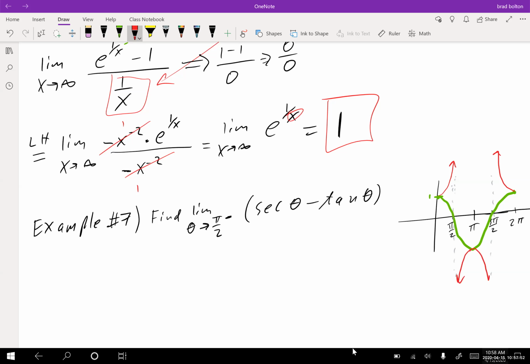And so the red is actually the secant function. And we want to know what's happening when we get close to pi halves from the left-hand side. So as we're getting closer and closer to pi halves from the left, cosine is getting closer to 0.